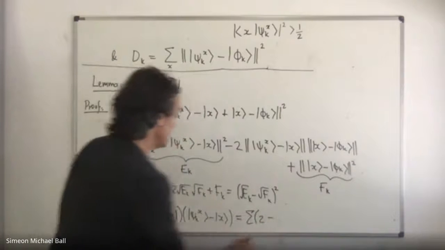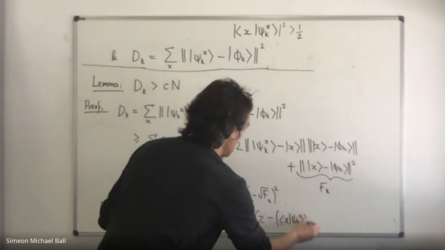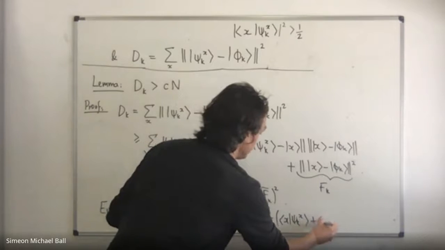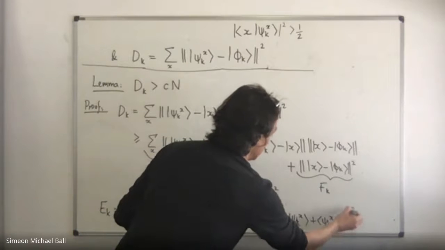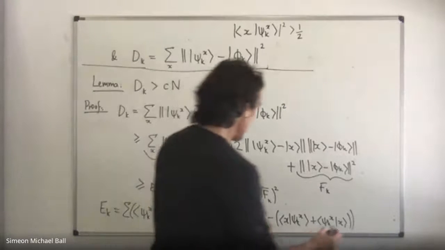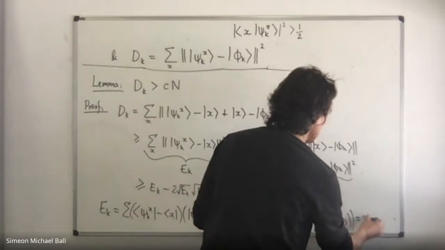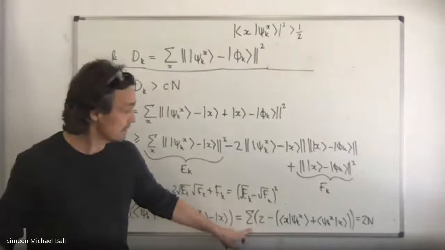And then here I'm going to get minus... now at this point, they do a little cheat because here, this is just going to be 2 times n, something over every single state on a computational basis.